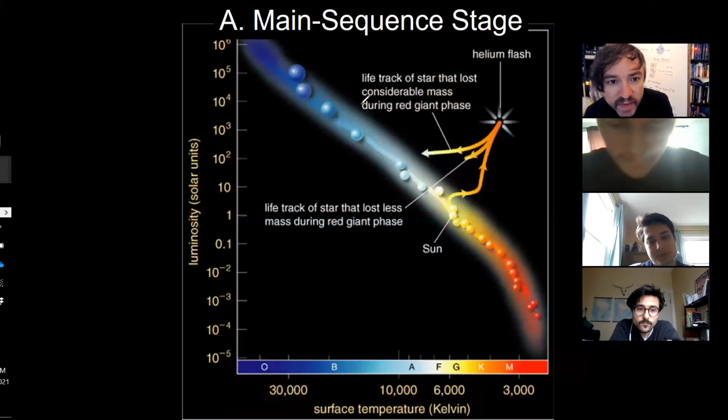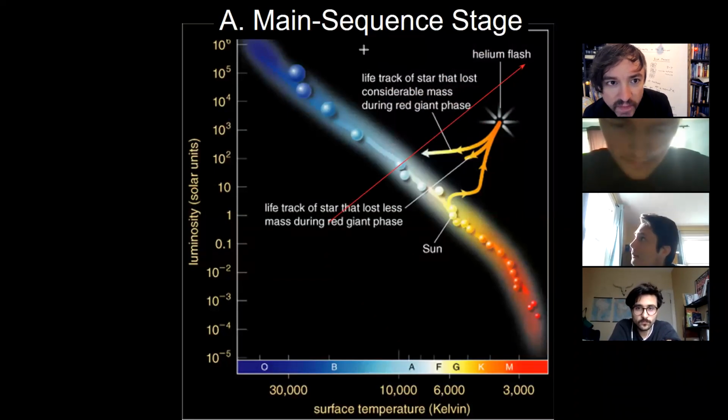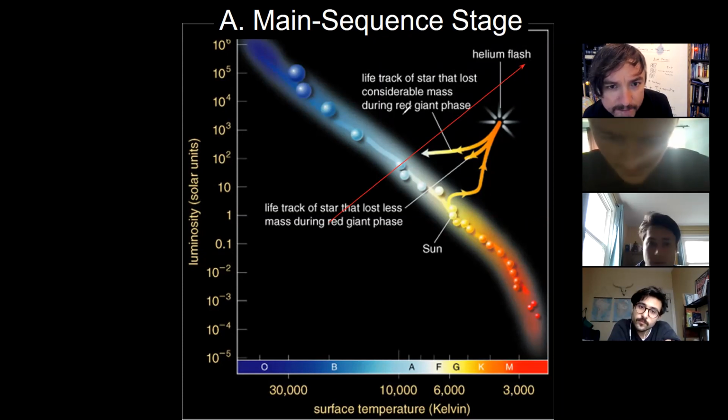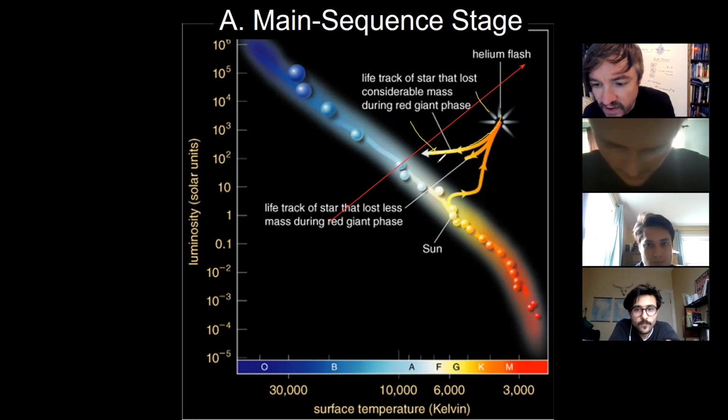Remember that the radius is measured diagonally and up and to the right. So if my star, the sun, is taking this path, its radius is shrinking because it's moving from here to here.